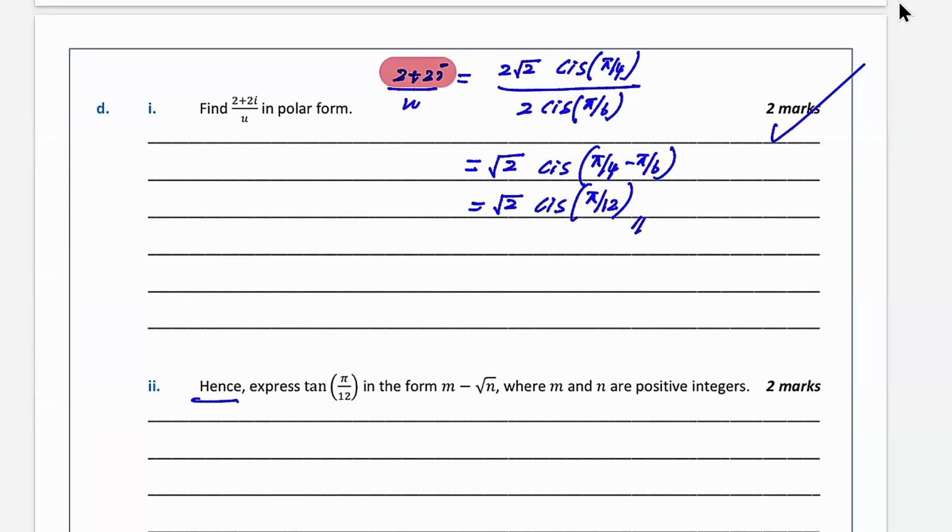You make a quadratic in tan, solve it, and you get the answer for tan pi divided by 12. Remember that day? Even Wednesday, extra class, I did that. But that facility you don't have here because of the word hence.